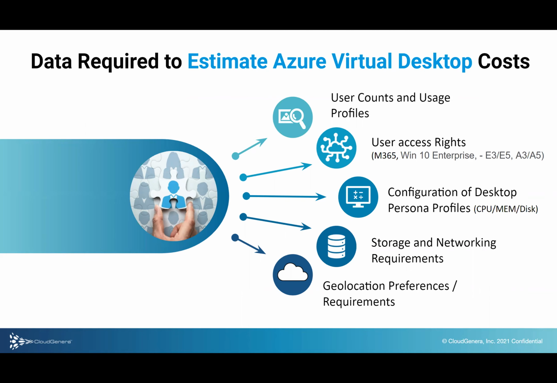Next, user access rights. Based upon your current entitlement with Microsoft, you may have access to Azure virtual desktops without an additional cost. So companies with a Microsoft 365 plan or a Windows 10 enterprise software license that's current on software assurance, if those licenses are either in the E3/E5 for the enterprise or A3, A5 for education, you will already have access to virtual desktop.